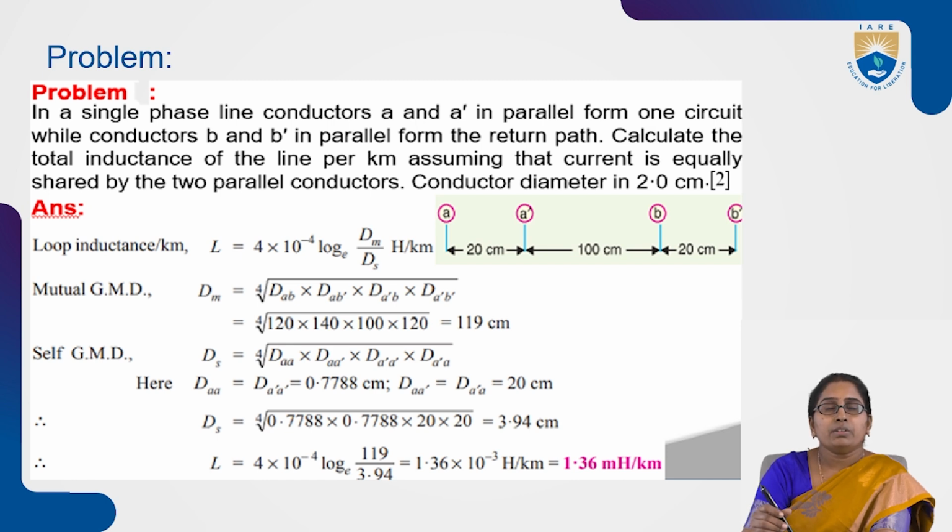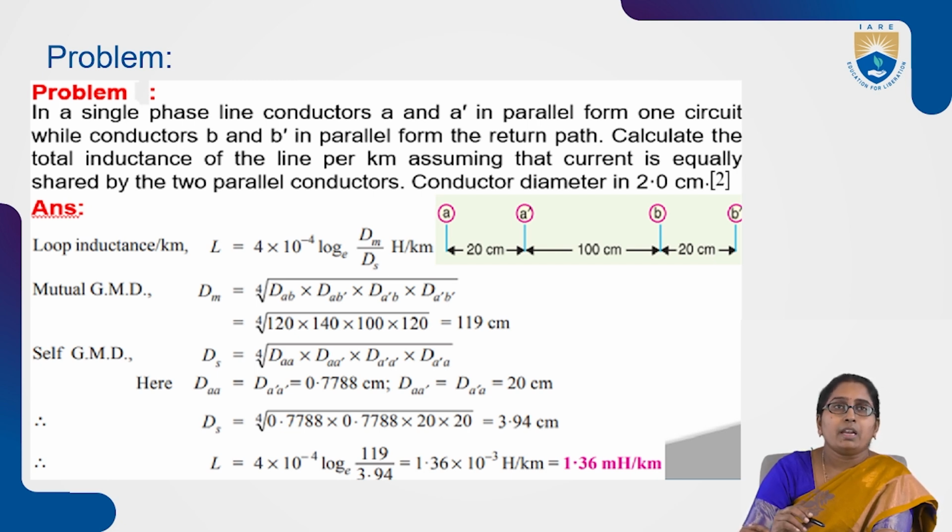In the diagram, one path has conductors A and A dash, and the other path has two conductors B and B dash, which is the return path. The distance between conductors A and B is shown as 100 centimeters, and the distance between B and B dash is 20 centimeters.